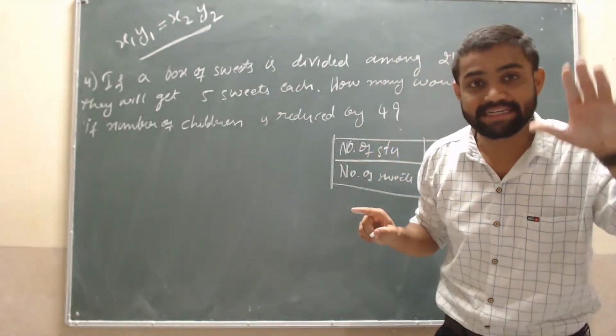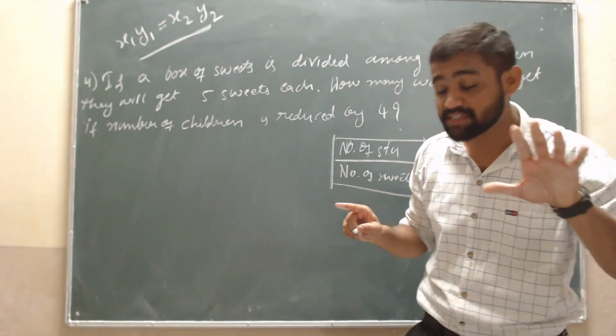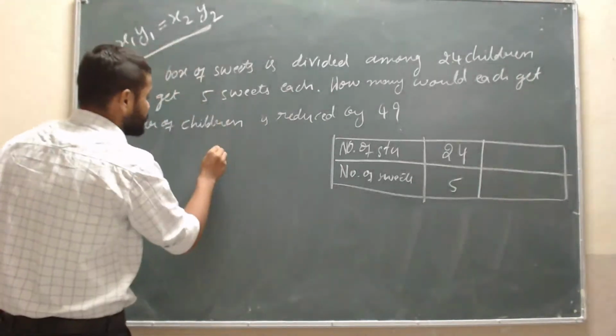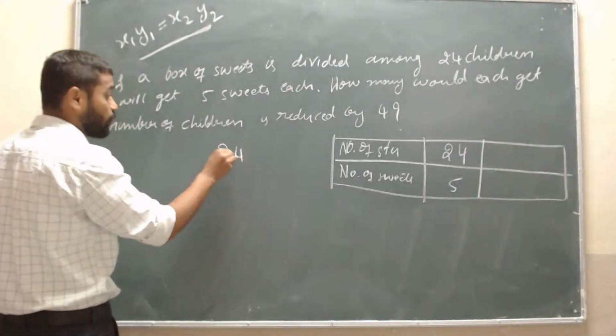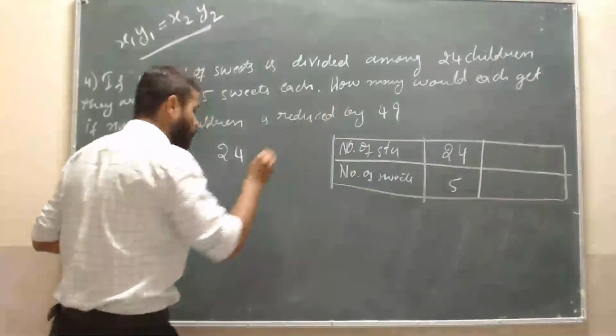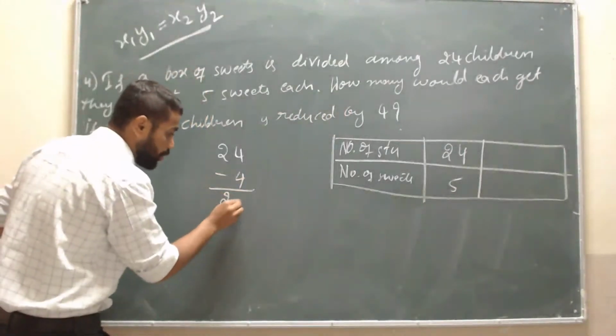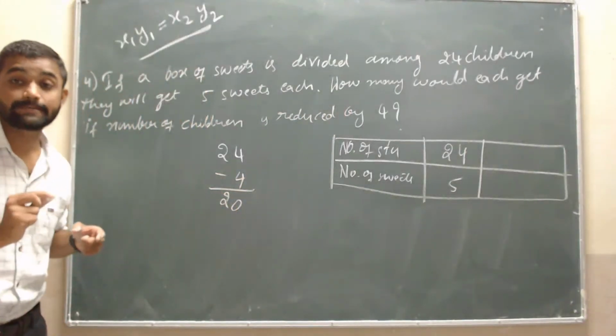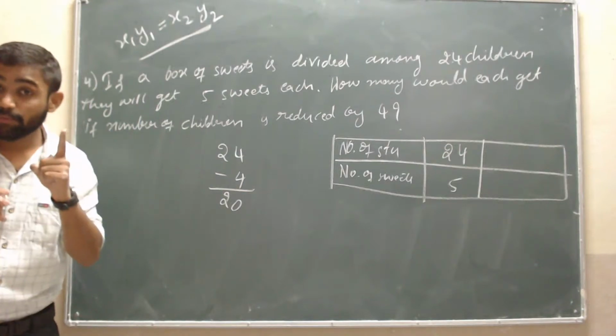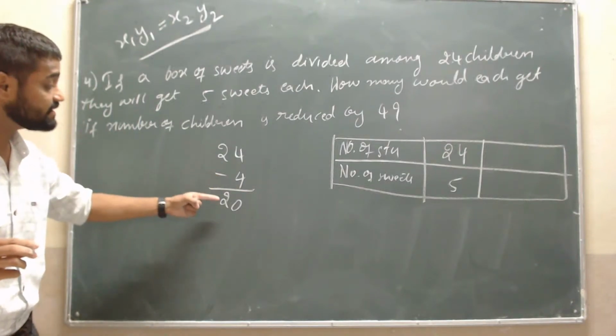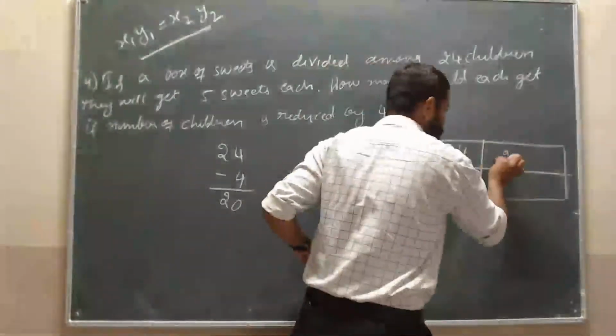Reduced means decreased. See, the total number of children is 24. Then the children are reduced by 4. How many children? 20 children. Are you getting my point? Yes. That is 20 children.